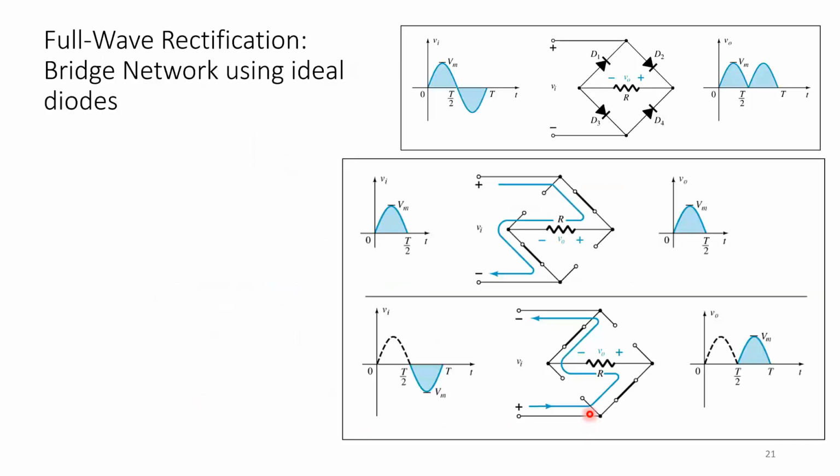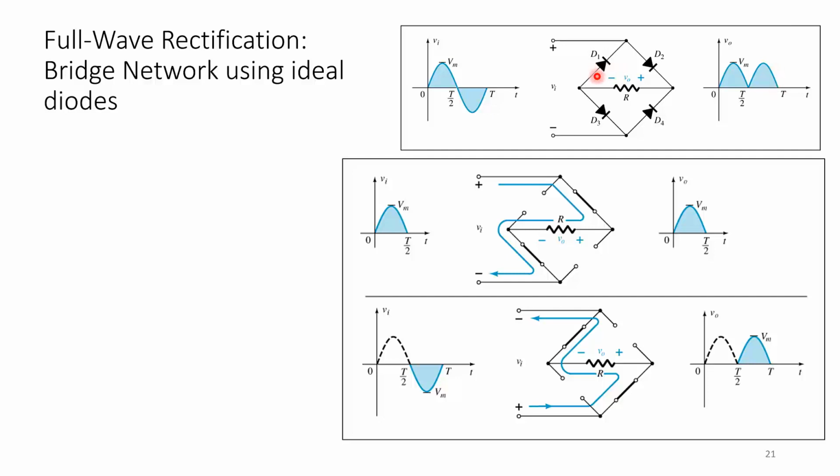Now this is the bridge network, and for our example here, we are using ideal diodes to make things simple. What the full wave bridge rectifier does is, you have an input voltage Vin, which is a sinusoidal signal, and then you have Vout, which is the voltage across this resistor, where it becomes just in the positive area.